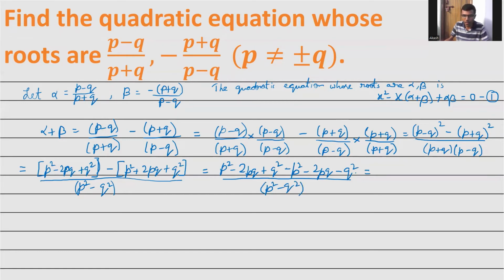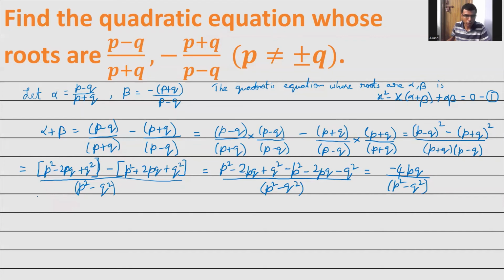Here p square and minus p square will get cancelled, q square and minus q square will get cancelled, and minus 2pq and minus 2pq is going to be minus 4pq divided by p square minus q square. You can stop here for alpha plus beta.